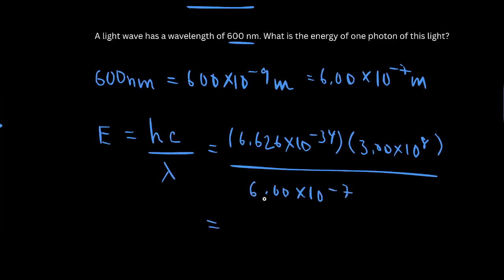And this is going to give us our answer of 3.31 times 10 to the negative 19 joules.